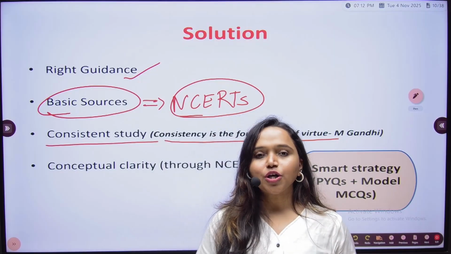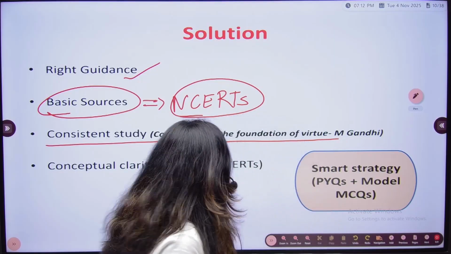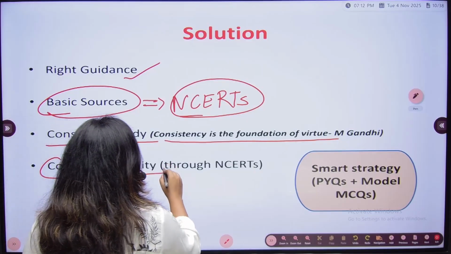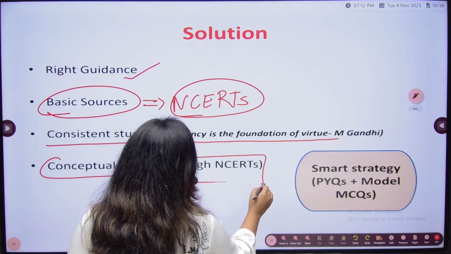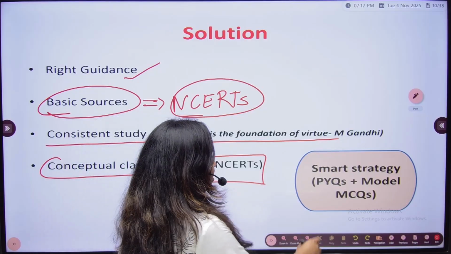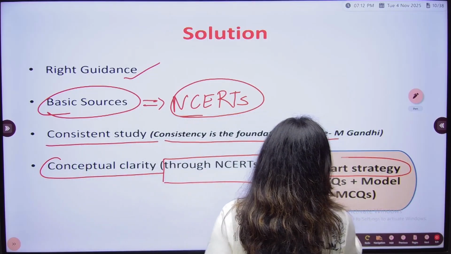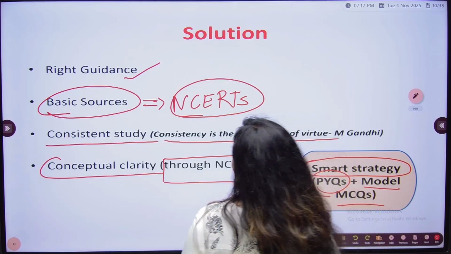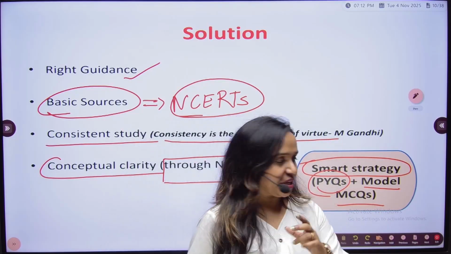So it is very important to be consistent in your approach. Okay? And conceptual clarity, as we have seen, is very important, which can come through basic sources such as NCERTs. So how can you solve the problem of tough competition? With a smart strategy by using PYQs, solving model MCQs, and sticking to basic sources.